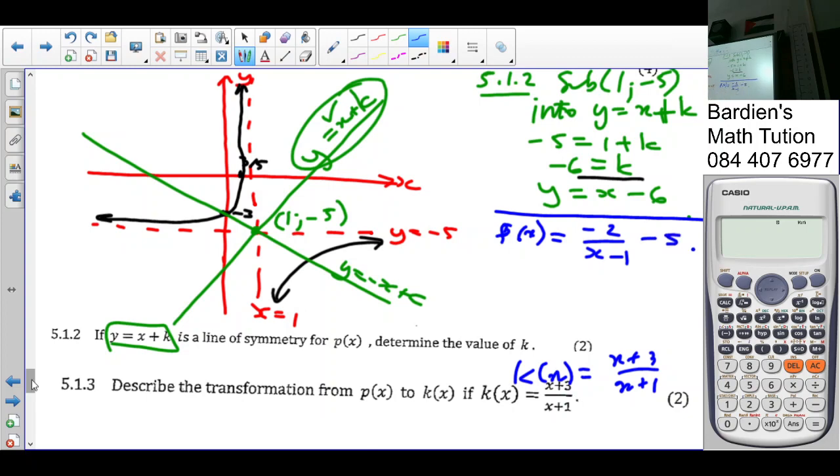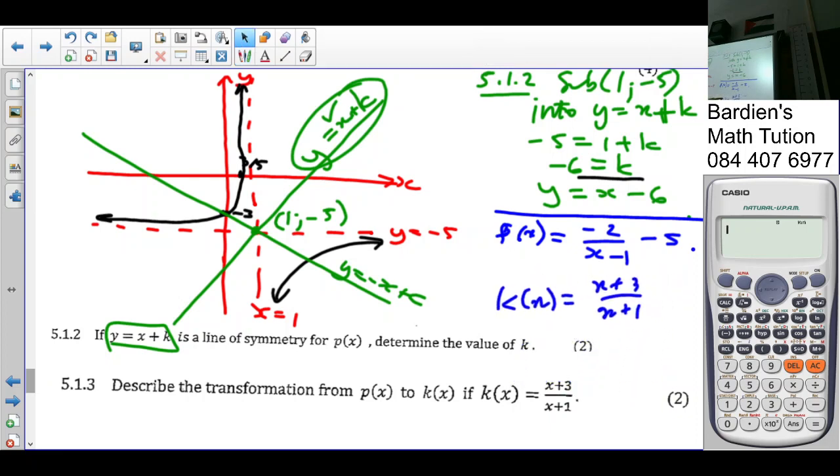So what do you notice already? What do you notice between these two? Is the denominator the same? No. The denominator became positive 1.